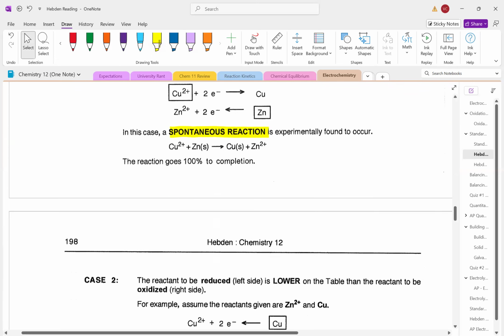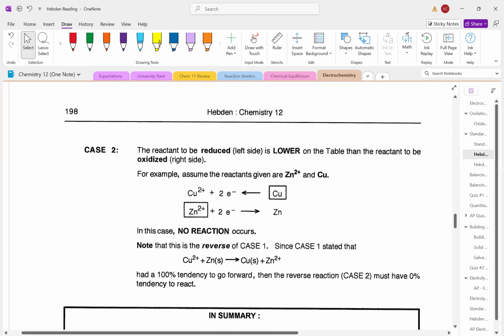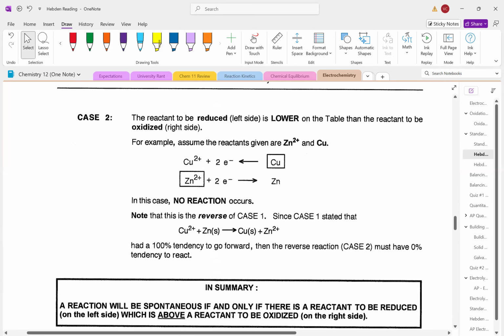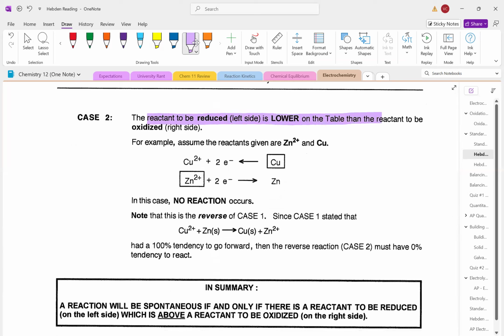If you take a look on page 198, it says the reactant to be reduced, on the left side, is lower on the table than the reactant to be oxidized, on the right side. Notice here, copper and zinc plus 2. Notice their location. What you have is no reaction.